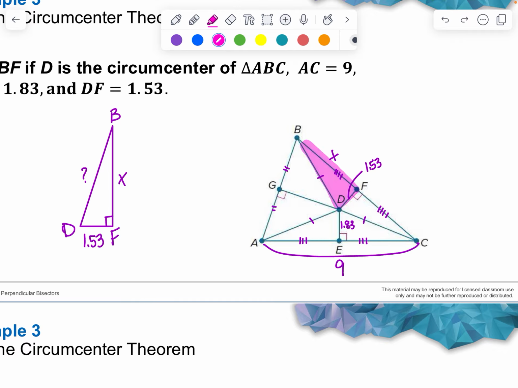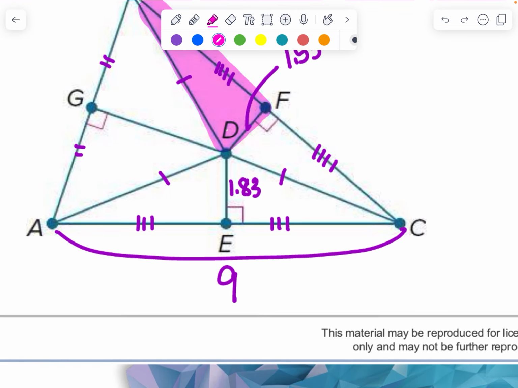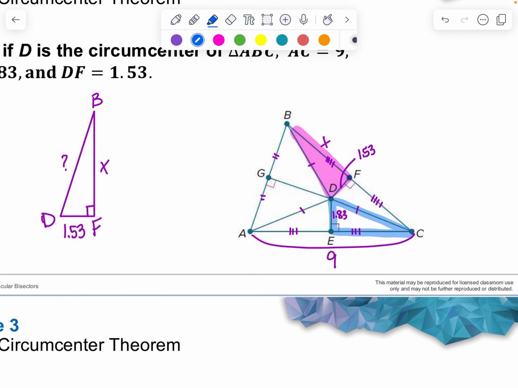So let's go down here. I'm going to look at this triangle. I'm going to draw that one out. Let's see. Hmm. 1.83, E, C, and D. And this one will be the same as DB.